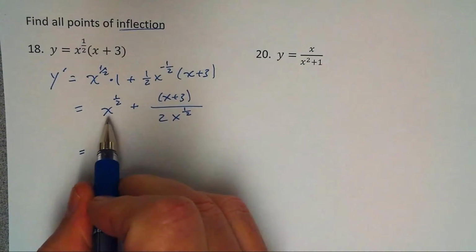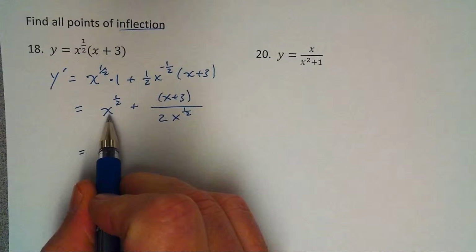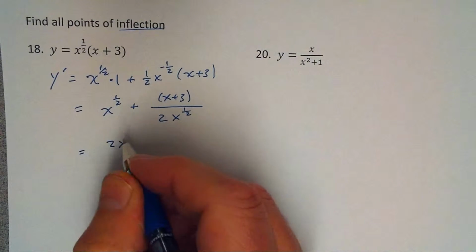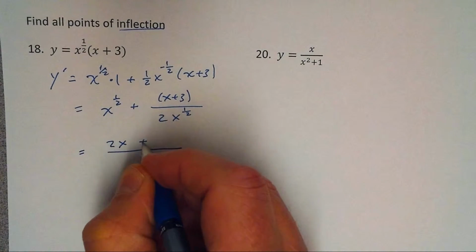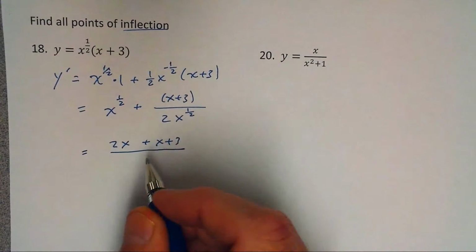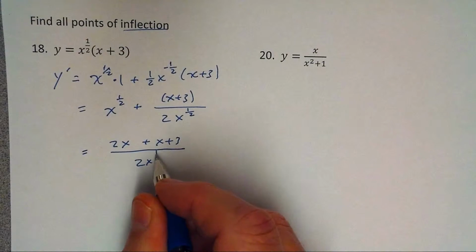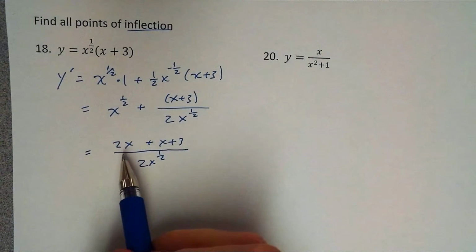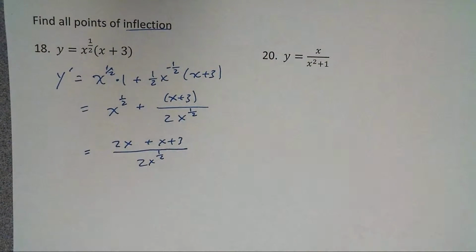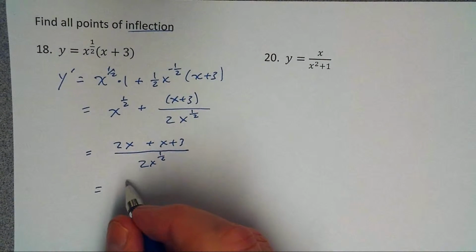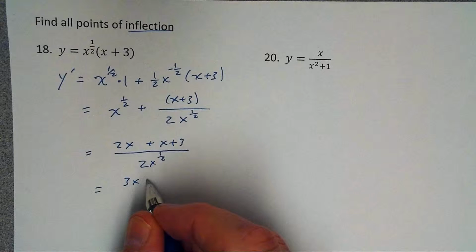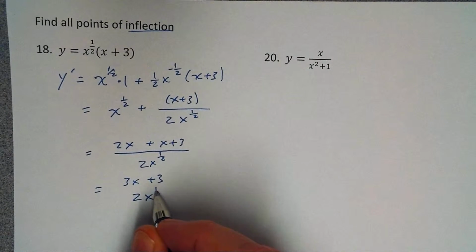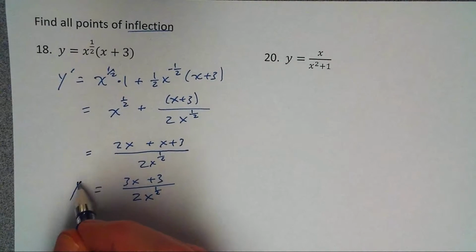If I multiply this first term by 2x to the 1/2 on 2x to the 1/2, I get 2x plus x plus 3, all on 2x to the 1/2. 2x to the 1/2 times x to the 1/2 is just 2x. So maybe that's not too bad to work with. We get 3x plus 3 on 2x to the 1/2, and that is y prime.